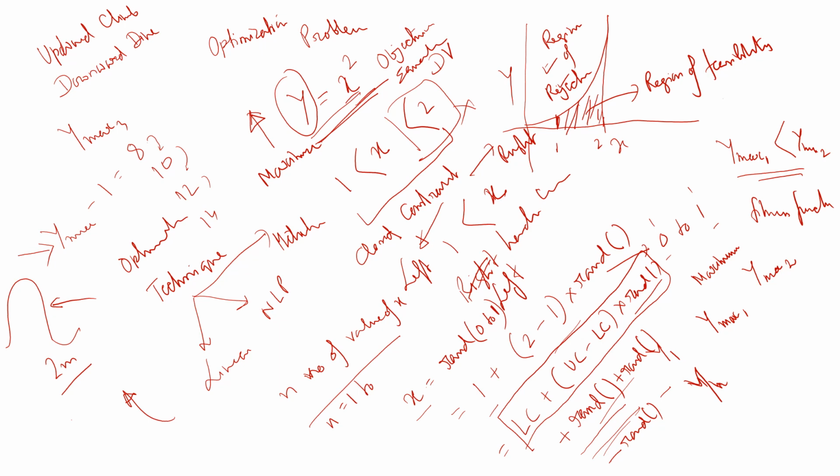Here it is indicated by the plus random, and here it is indicated by the minus random. This way you are avoiding the local minimum, and you are also satisfying the constraint conditions.